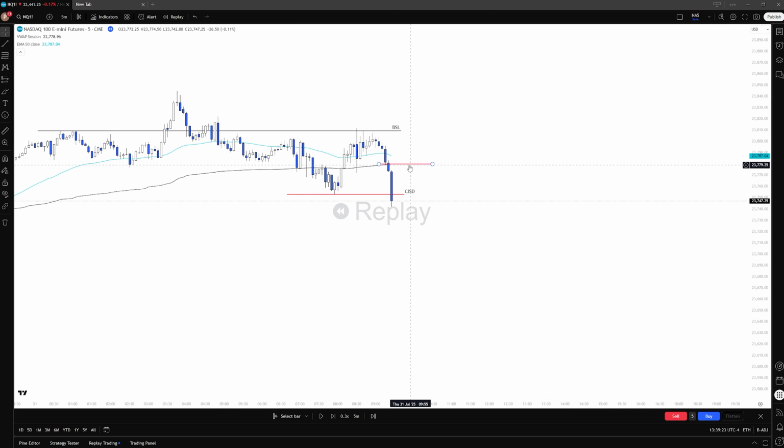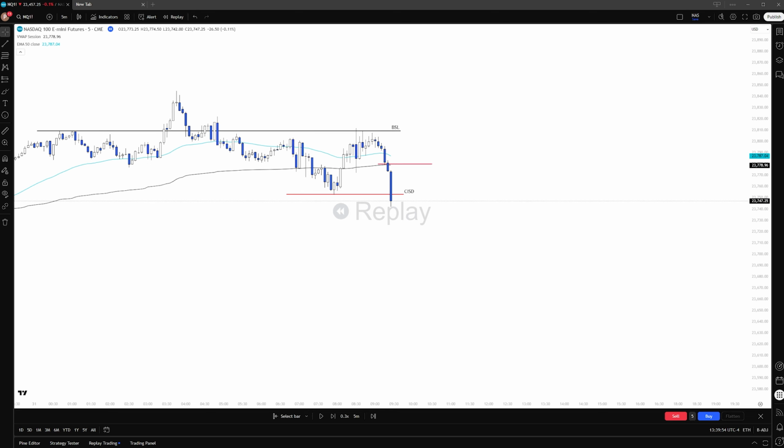So I had a short literally right here, and I had my stop loss at the highs, a 32-point stop loss, so I'm not losing as much money. Sometimes I like adding on to size, but I went in with 5 micros. That is 0.5 mini, because 1 mini is equivalent to 10 micros. But obviously we're trading M and Q, we're not trading NQ. Stick to M and Q.